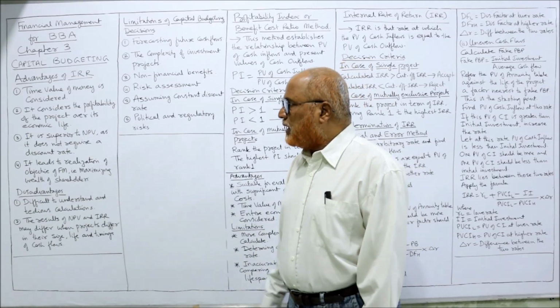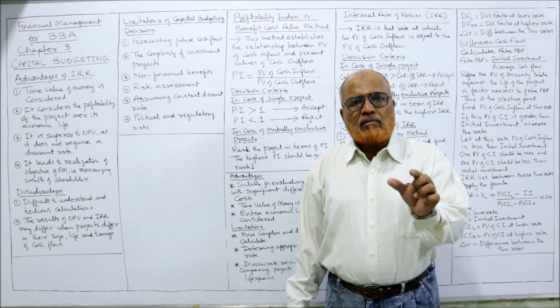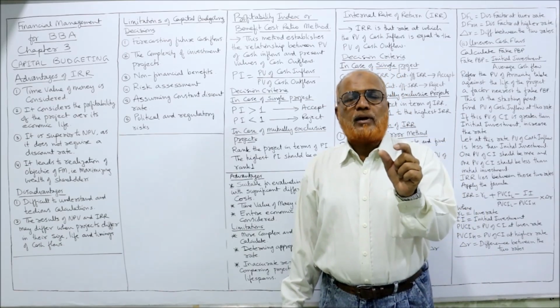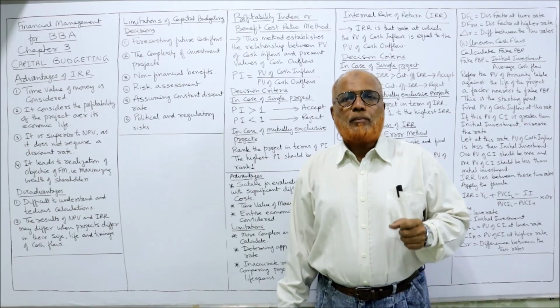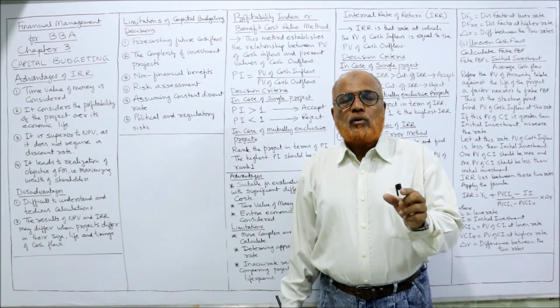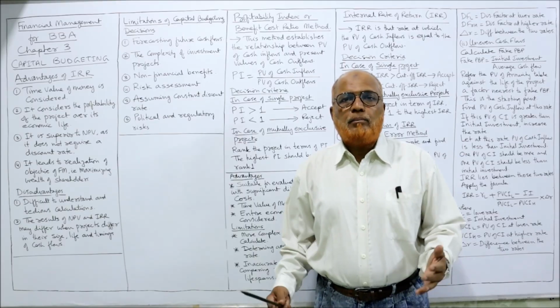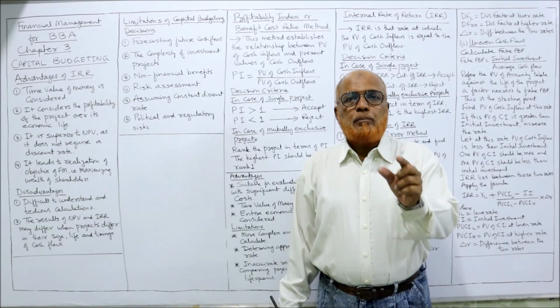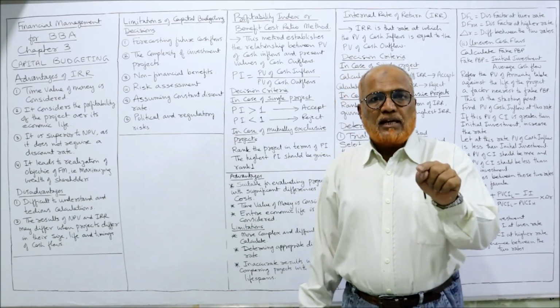Next one, it's superior to NPV as it does not require a discounting rate. For calculating NPV, we need a discount rate, and that discount rate is the cutoff rate or predetermined rate or cost of capital. And if you wrongly select a discount rate, then decision given by NPV may be wrong. So NPV decision depends on discounting rate. That is in NPV.